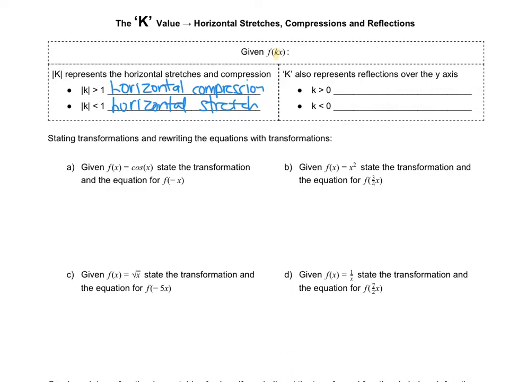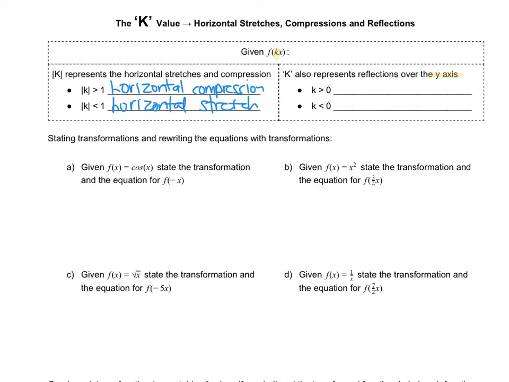Now, if your k value is negative, it's going to be a reflection, just like when your a value was negative. But when your a value was negative, it was a reflection over the x-axis. When the k value is negative, it is a reflection over the y-axis because it is a horizontal transformation.